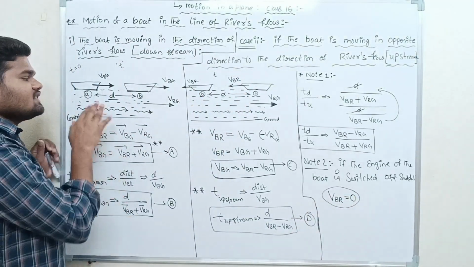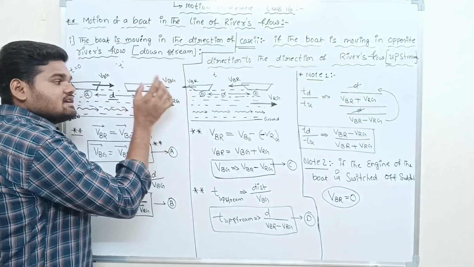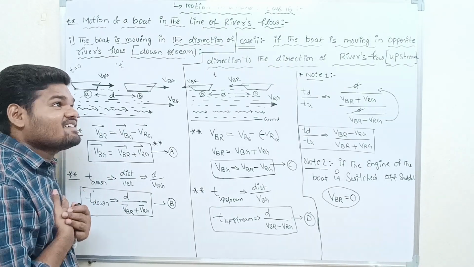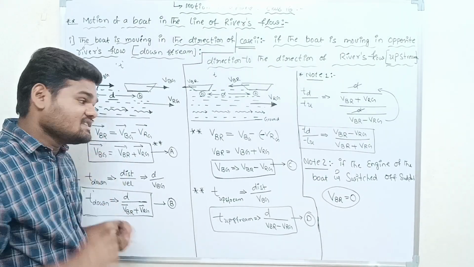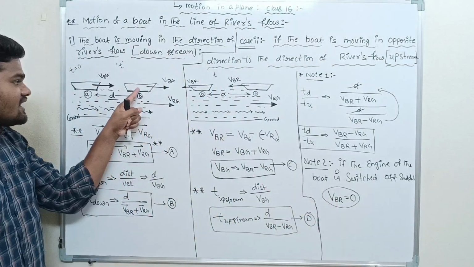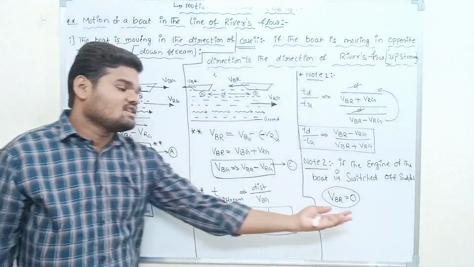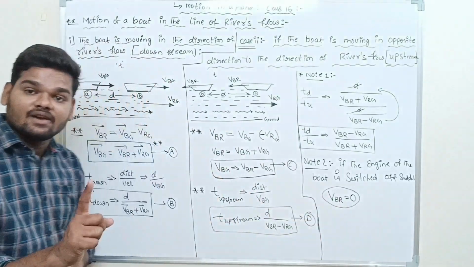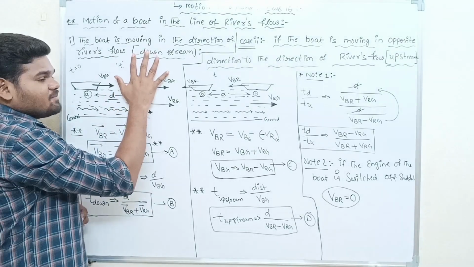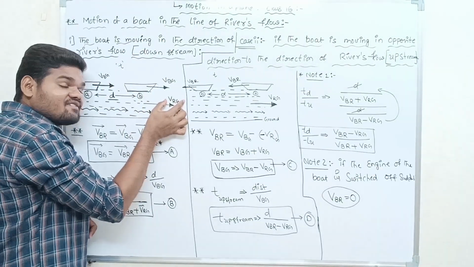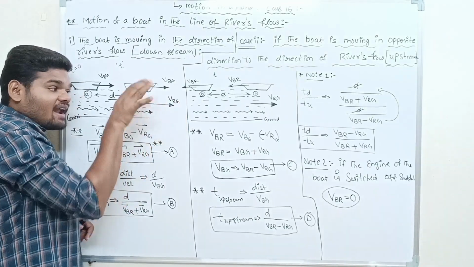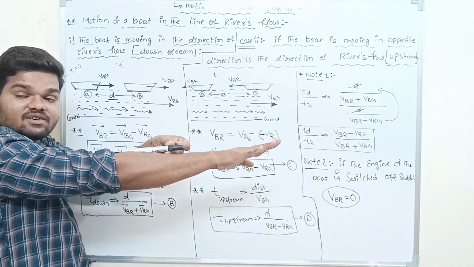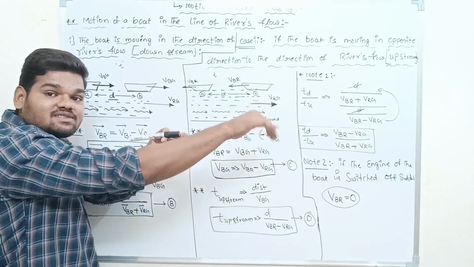So we are moving on the surface of the water. Suddenly our boat is switched off. Now the river is seeing us and says, your velocity becomes 0 with respect to me. That means the velocity of boat with respect to water becomes 0, because it is at rest with respect to the river. Now its velocity becomes 0, but the river has a velocity and is moving in this direction.